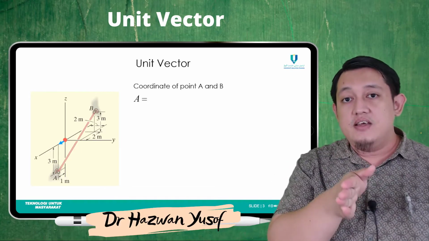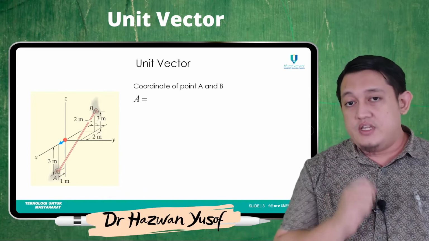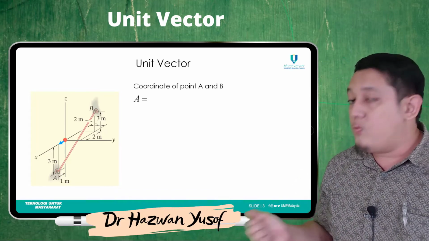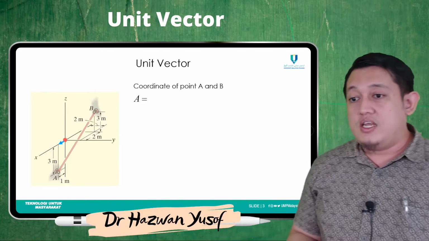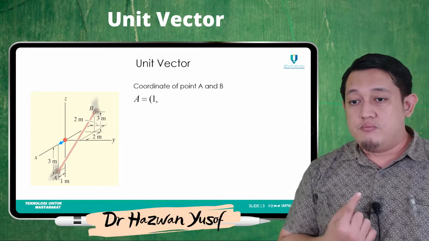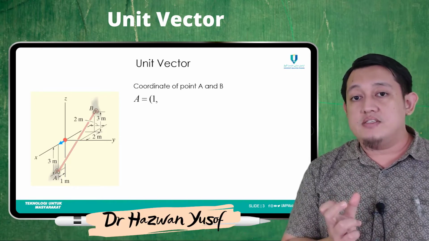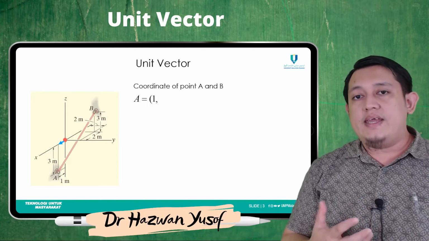This is the positive direction, and the length in this direction is 1. Therefore, when we write down the coordinate, we write it as positive 1. It means we move in the positive direction for 1 meter.